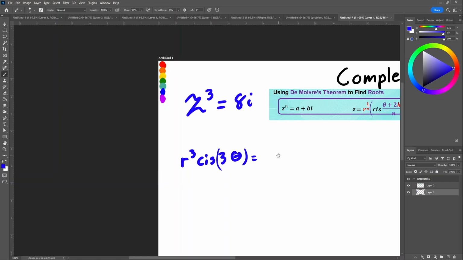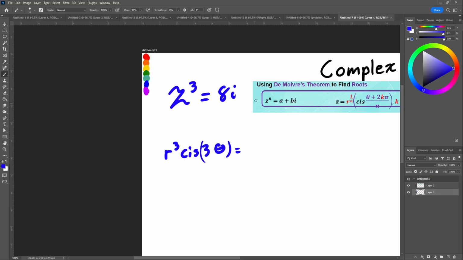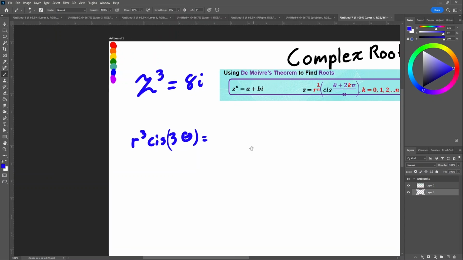We can also use our special arithmetic to find that. And we'd also want to convert 8i into polar form. This one is actually pretty self-explanatory. 8 cis pi over 2, because it lies on the positive imaginary axis, we would get pi over 2.